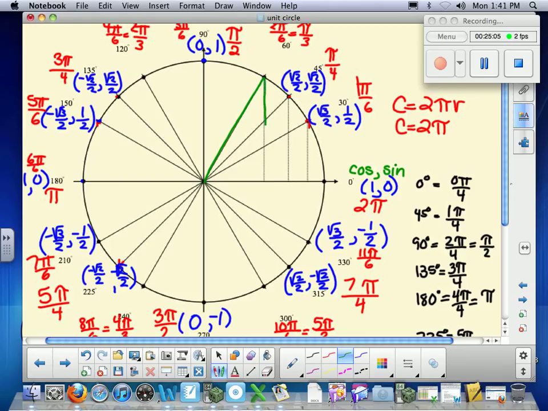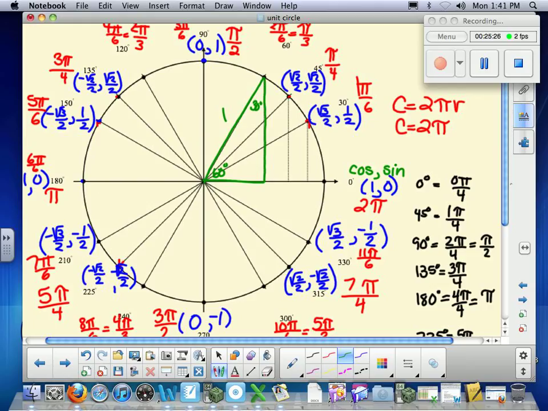Now, amazingly enough, the 60s are pretty cool. So, here's my radius of 1. And look, I have a 30-degree angle.